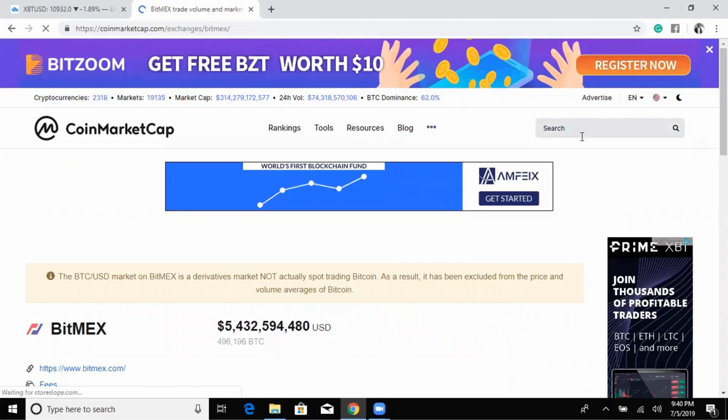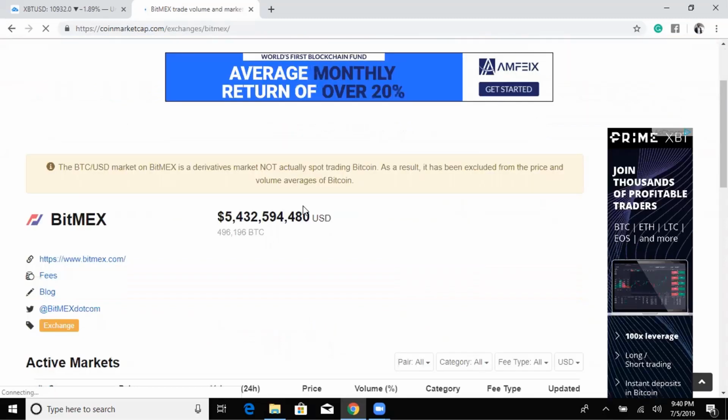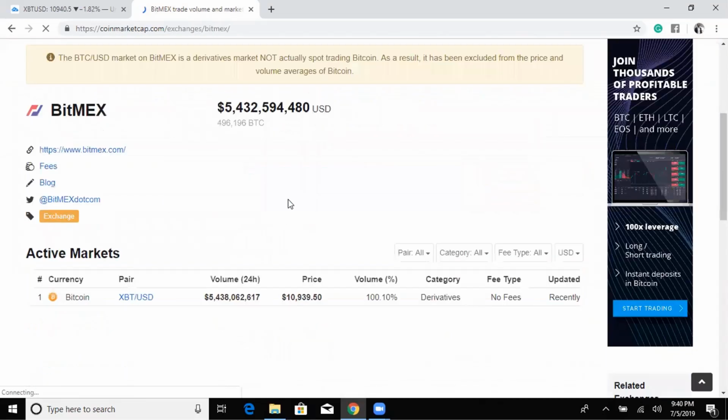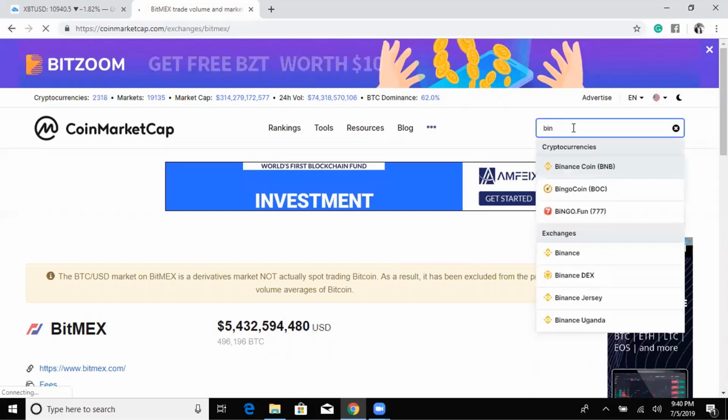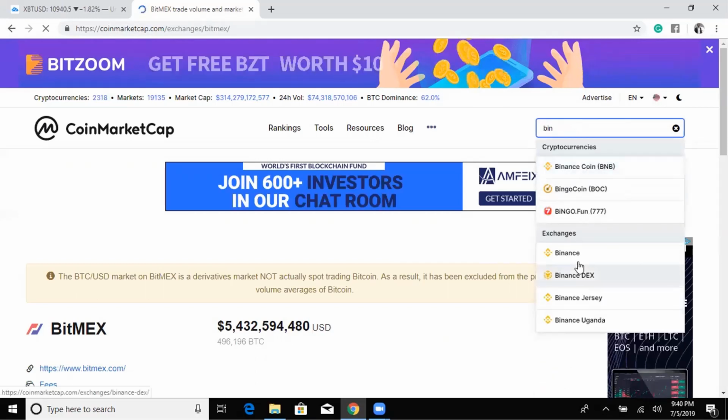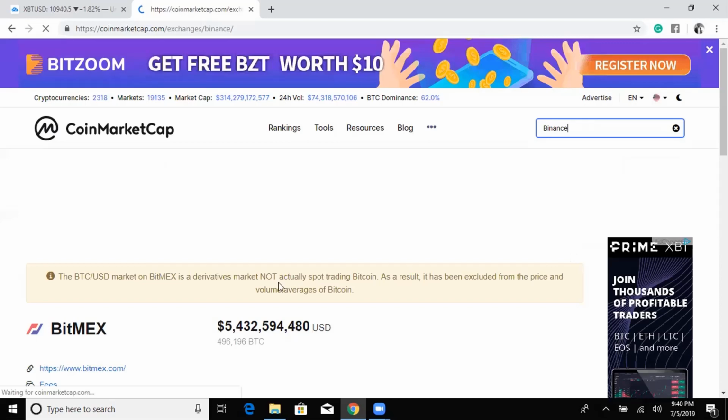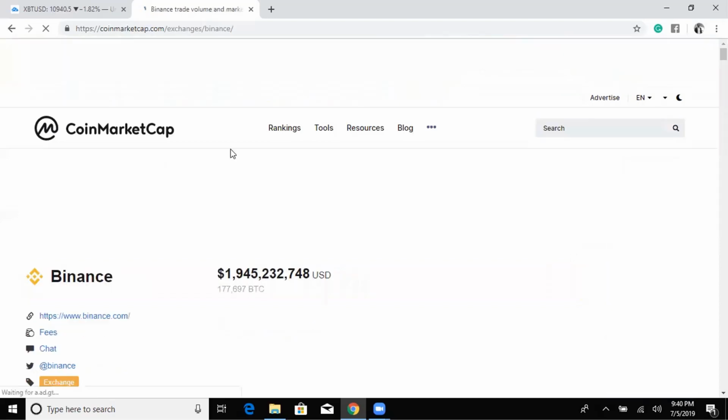Just on BTC alone, of course, they have many different crypto you can leverage there. But just look at that, XBT USD is 5.4 billion. And Binance is actually a big exchange, but if you look at that, Binance has just 1.9 billion.